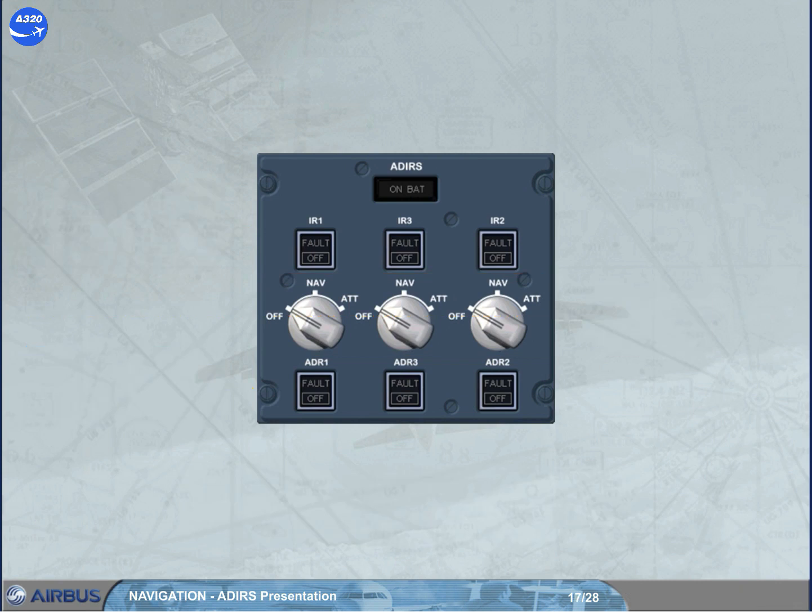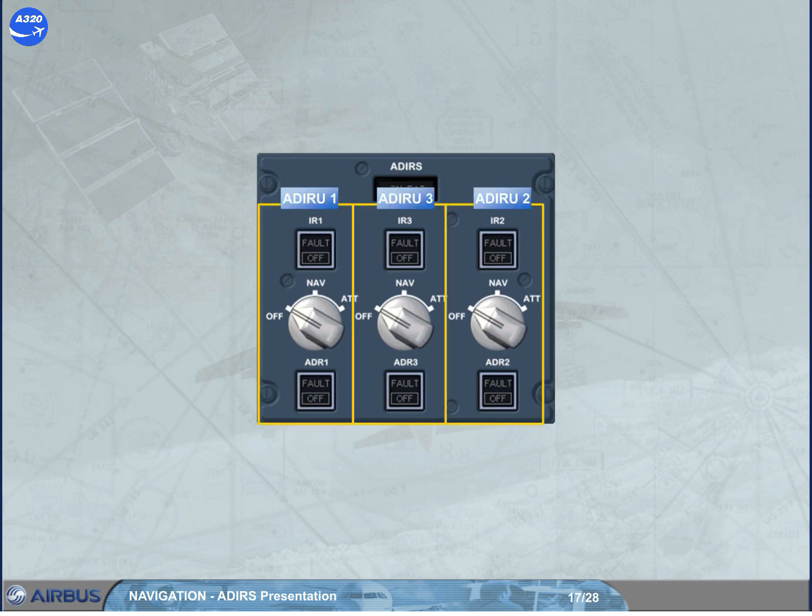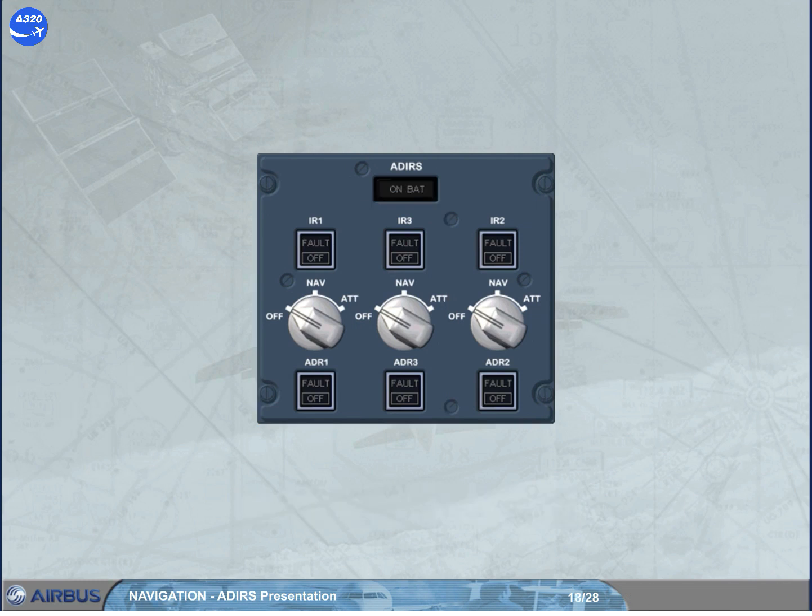The controls and indicators for the individual ADIRS are grouped and arranged in the following order: 1, 3, and 2. Each ADIRS has an associated rotary mode selector. In the off position, the ADIRS is not energized, so ADR and IR data are not available. The 3 ADR and the 3 IR switches normally remain on, but they can be selected off in response to ECAM procedures.